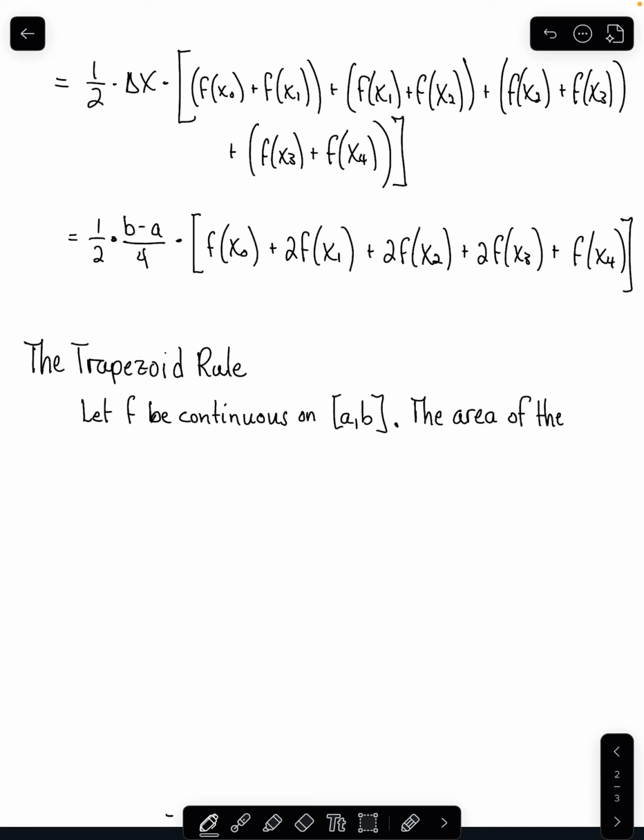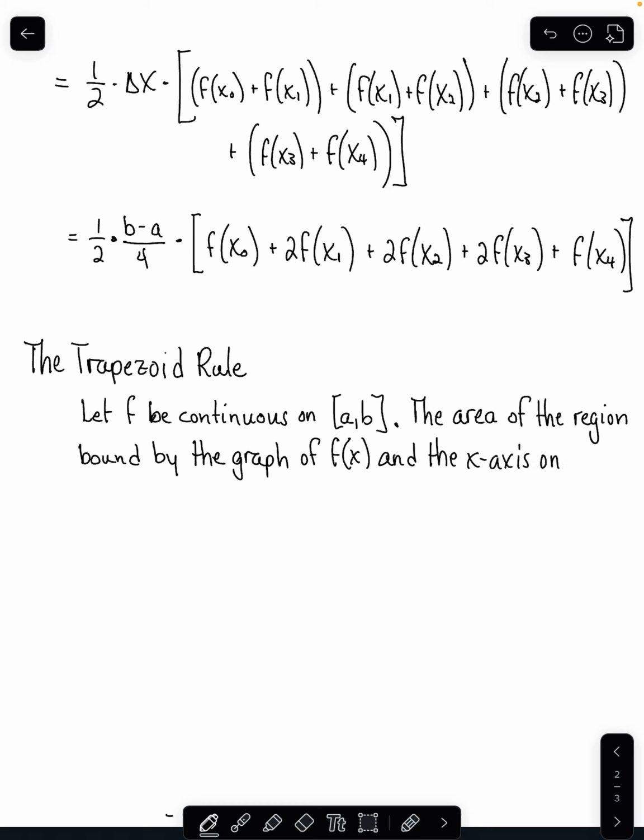The area, then, of the region bound by the graph of f of x and the x-axis on the interval in question can be approximated using a series of n trapezoids.